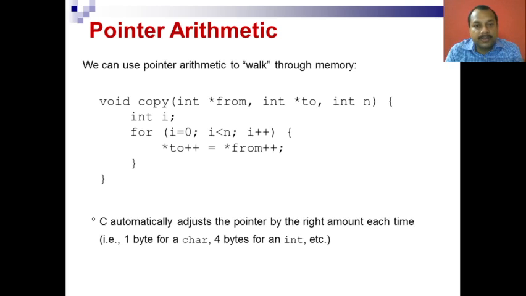Here I am copying the content of the array whose base address is passed to the from pointer variable, to the to pointer variable, and I am incrementing that one. C automatically adjusts the pointer by the right amount each time, that is 1 byte for a character, 4 bytes for an integer, etc. Okay.